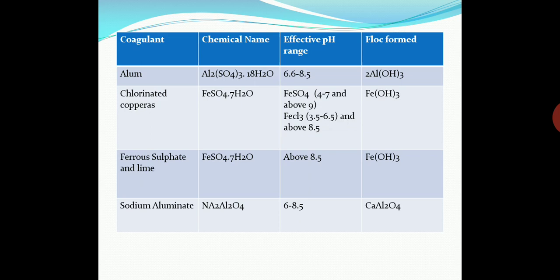Alum is found to be more effective in the pH range of 6.5 to 8.5. If the pH is less than 6.5, it is not effective. We don't find much formation of floc, that is, the impurity which is settling down.